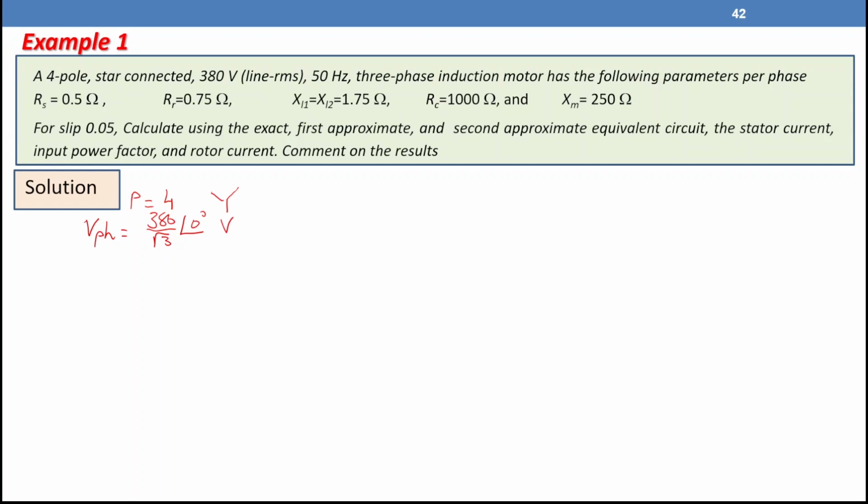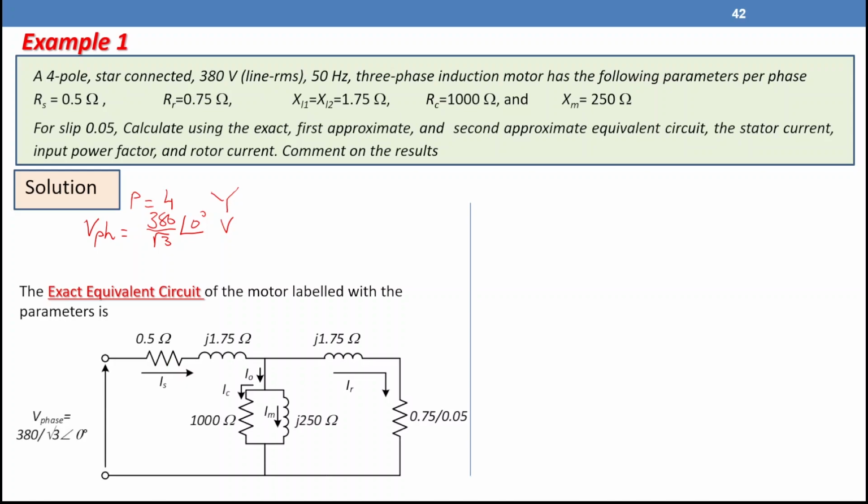So we have all the parameters, so now we can start with the exact equivalent circuit, labeled with all the parameters. We have the supply voltage 380 over root 3, angle 0, and we have the stator impedance, the rotor impedance, and the magnetizing branch. But we notice something here. In the heading of the problem, X leakage stator equals X leakage rotor equals 1.75.